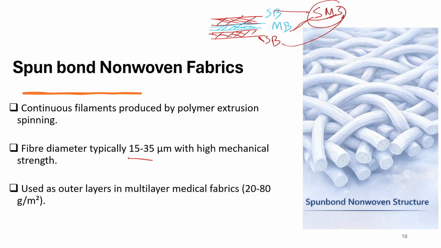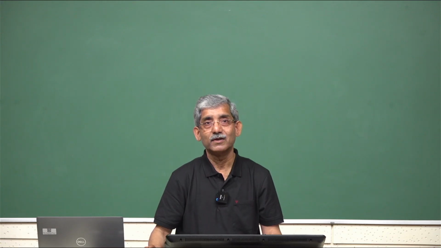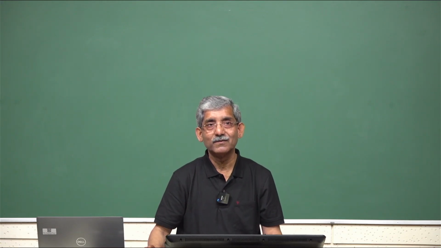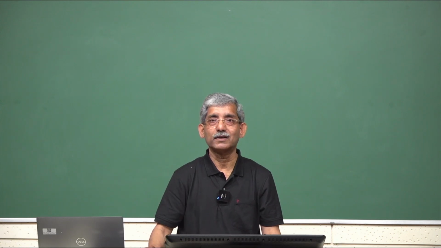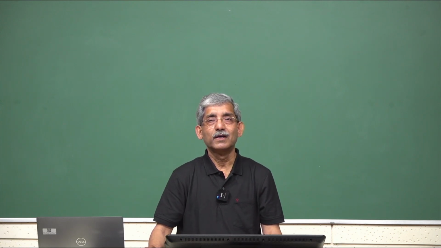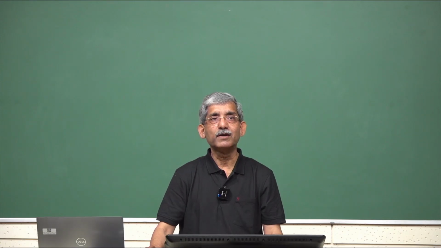So, SMS structure is widely used for fine filtration with higher mechanical strength, mainly used for masks and other applications. Nanofiber filtration membranes are also used, which are produced by electrospinning. For very ultrafine particle arrestance we use nanofiber.